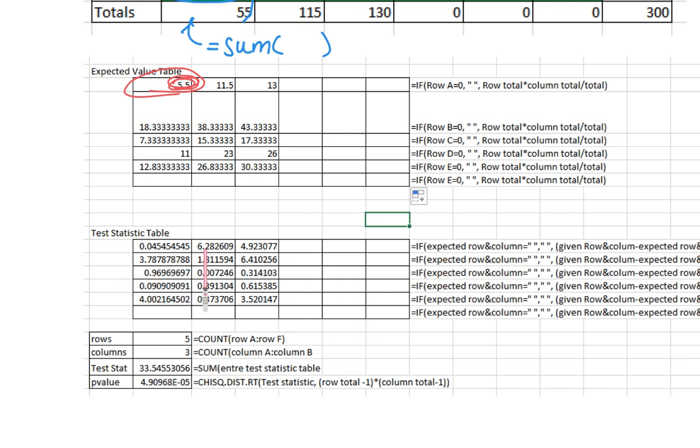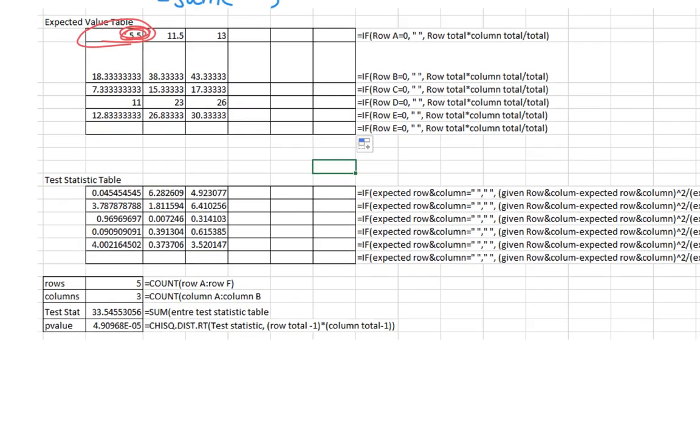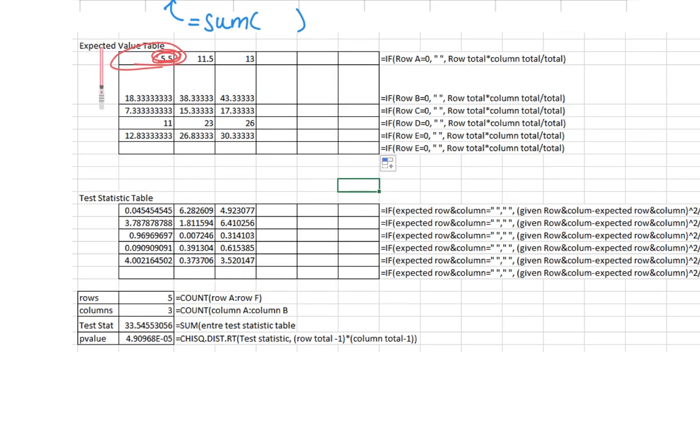For this one, I'm going to say, hey, if it's not empty, then I want you to take the given, which is up above, subtract off this one, square it, and then divide by, of course, my expected. So you can see that I have my expected, I have my test statistic.